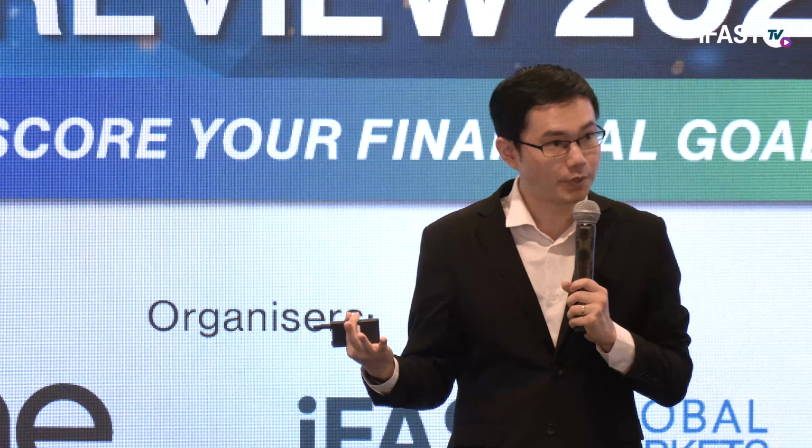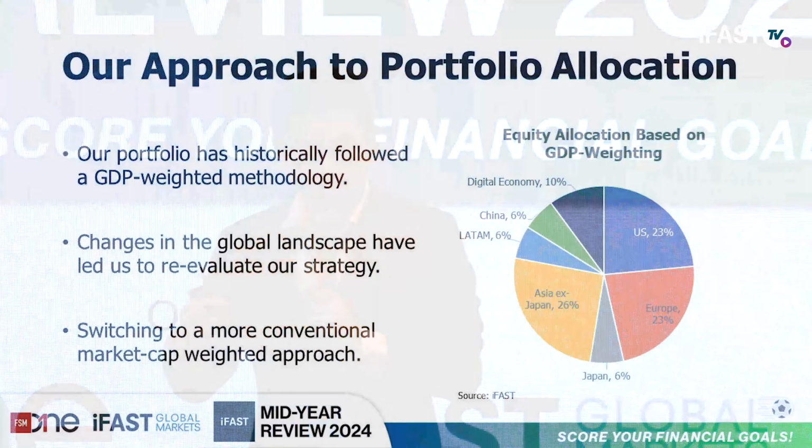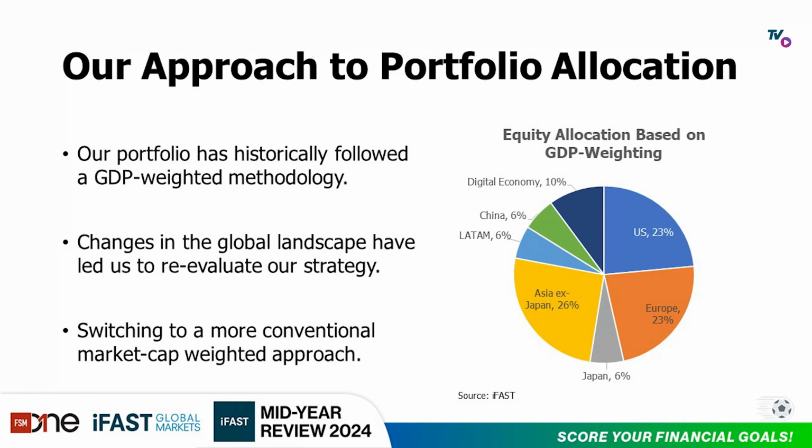So for the US, for example, how do we decide how much to allocate to the US? We look at the US economy as the size of global GDP, which is around 25% of global GDP, which is why if you look at our portfolio allocation, our allocation to US equities is around 25%, which is equivalent to the size of the US economy relative to the global GDP.